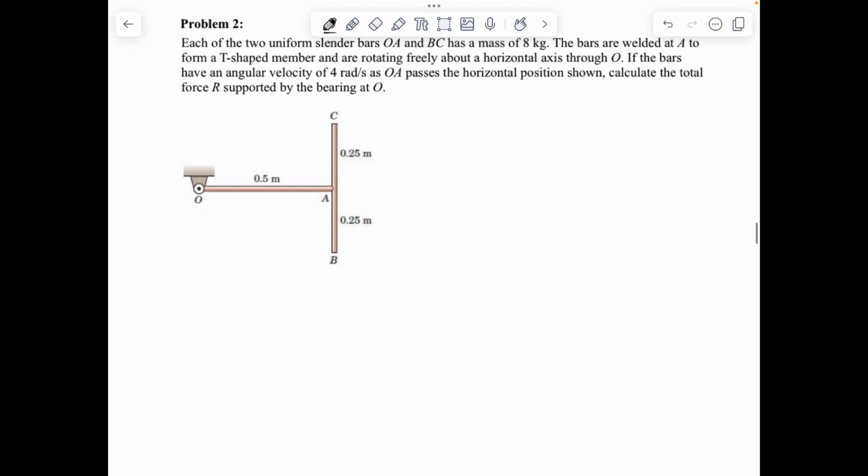If we take a free body diagram of this whole T-shape member, we have RT, which is the reaction force in tangential direction, and Rn. And also the gravity for OA is 8 times 9.81, and also for linkage BC is 8 times 9.81.